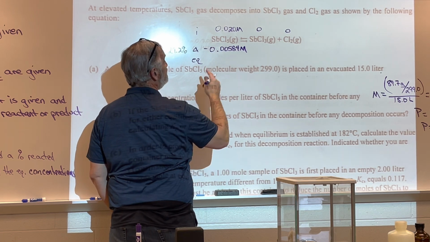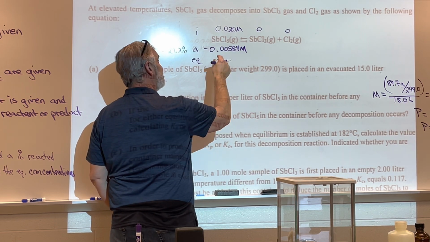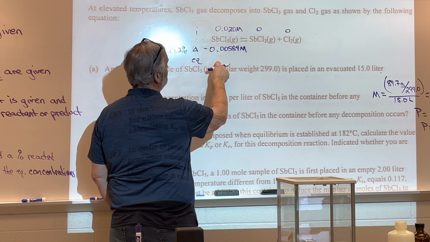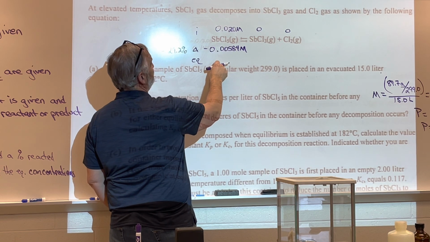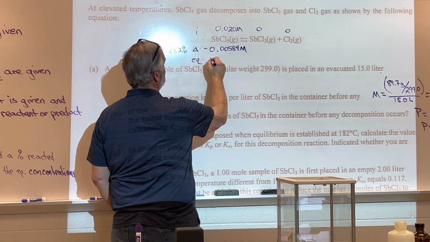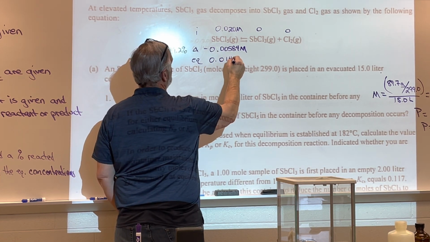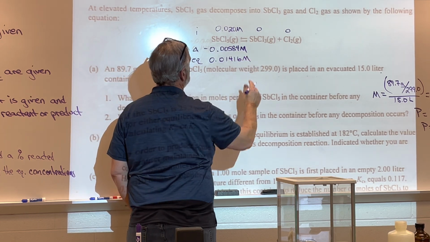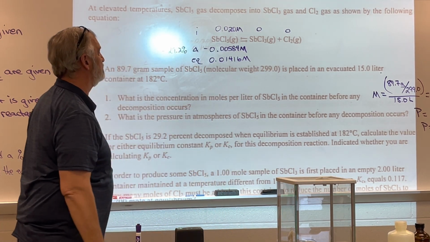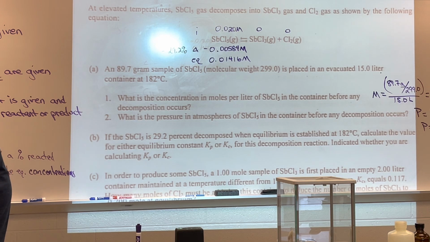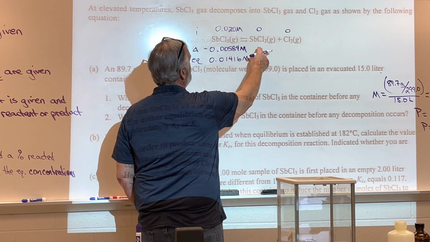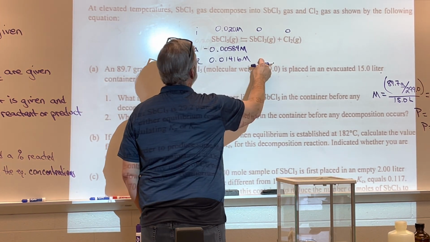So that means that when you subtract that, you're going to end up with 0.01416. Perfect. So what's my SbCl3 going to be? Now both of these are plus 0, so we can just go straight to here.